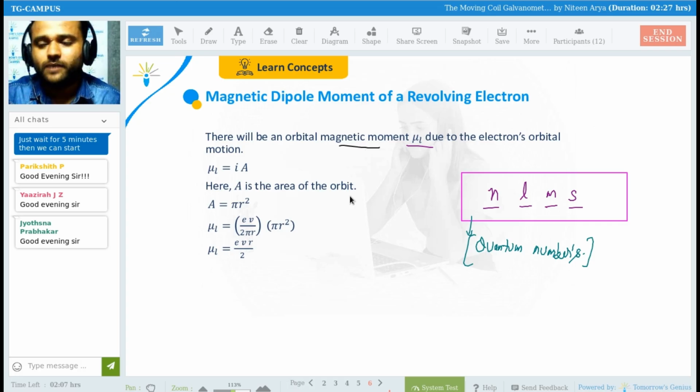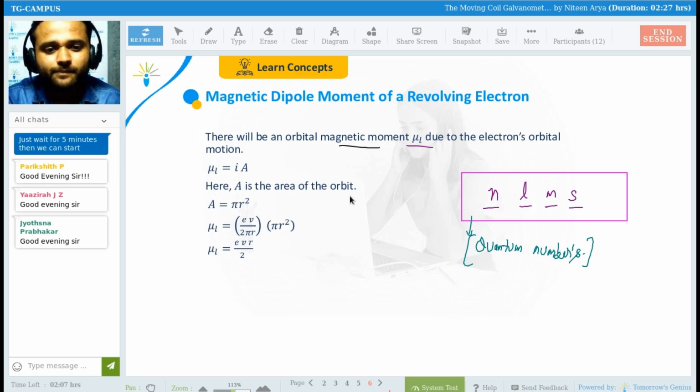Again, because it is a spherical orbit. P stands for what? Right now that particular name is not striking me. If someone knows, please let me know. S stands for spherical, D stands for dumbbell, and there is one word for P also, and F is folded.